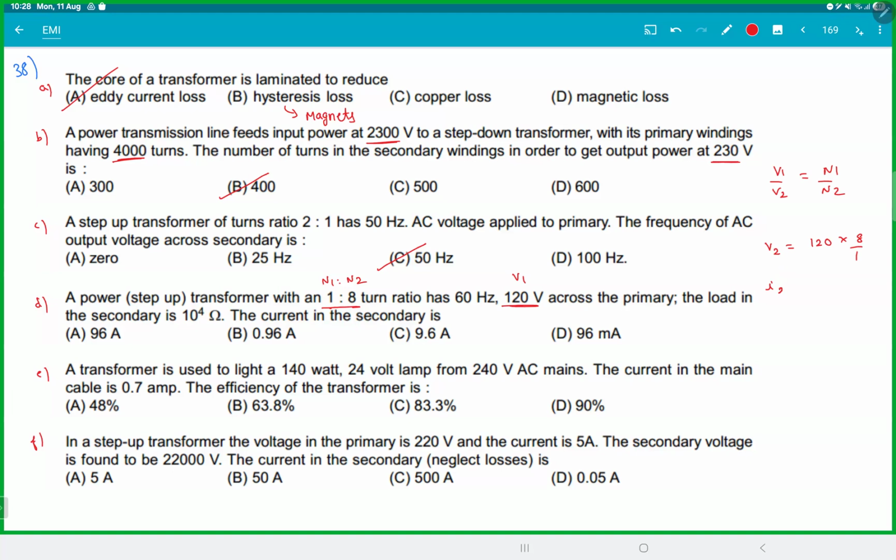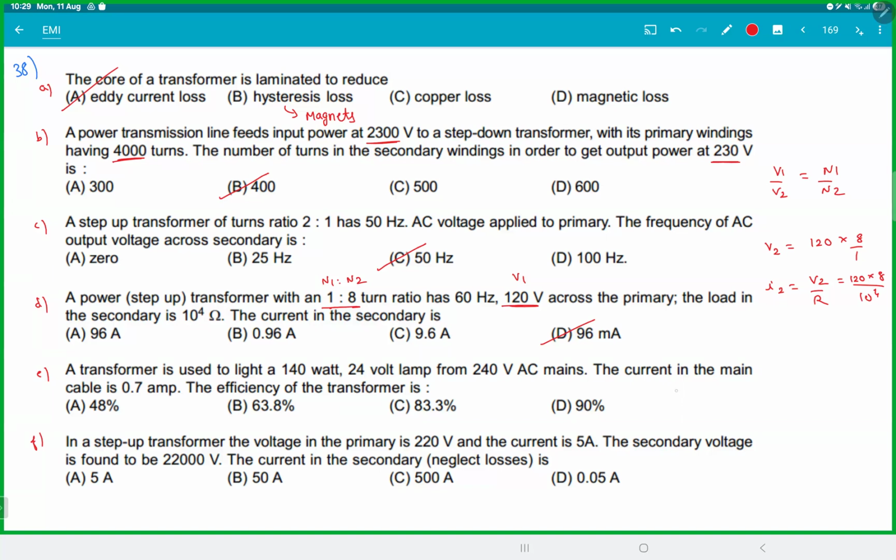So I2 will be V2 by R. That is 120 into 8 by 10 power 4, 96 milliamperes. This will be 120 into 8 by 10 power 4. That is 96 by 10 power 3.